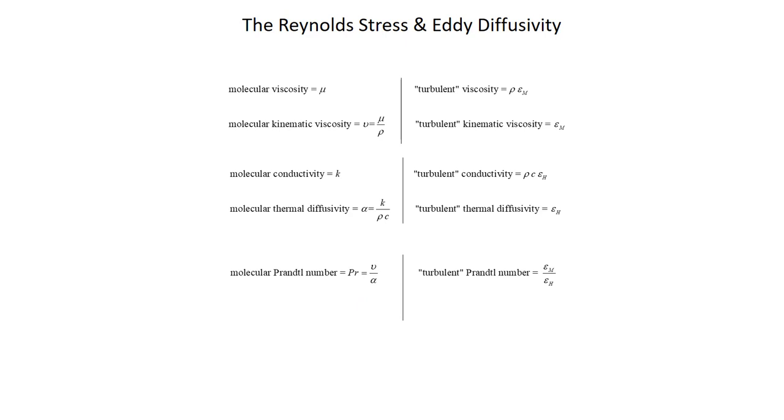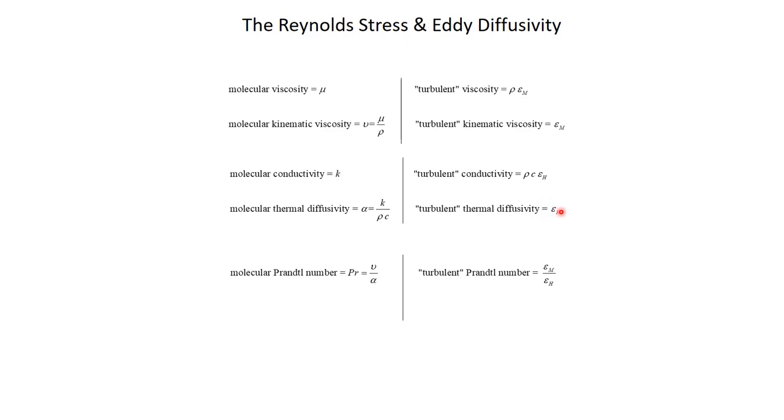So here's just kind of another complete list of the analogues, molecular quantities that we're sort of used to from laminar flow, and their turbulent quantities over here. So viscosity and turbulent viscosity, kinematic viscosity and the eddy diffusivity of momentum, molecular conductivity and turbulent conductivity, molecular thermal diffusivity and the eddy diffusivity of heat transfer.